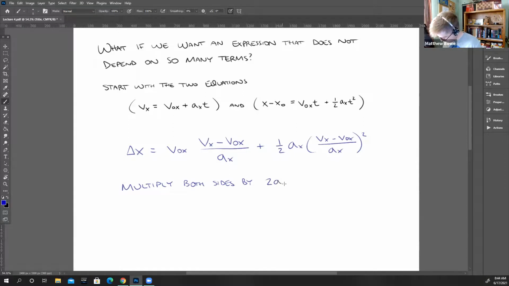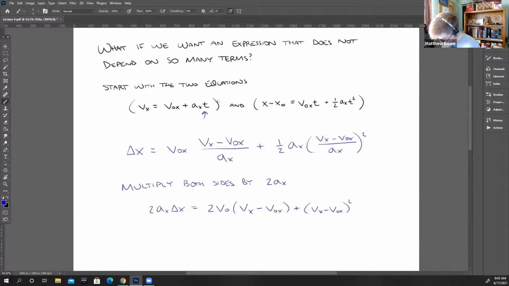Right, 2ax. So now we have 2a x delta x, equal to Vx minus V naught x, plus Vx, times V sub x minus V naught x.